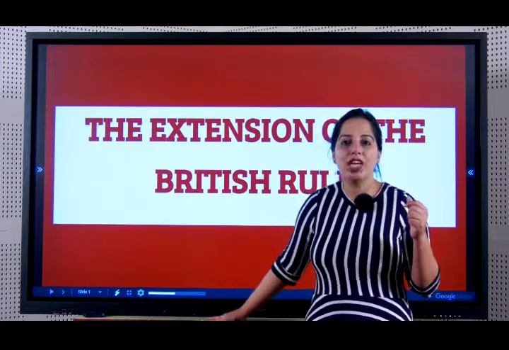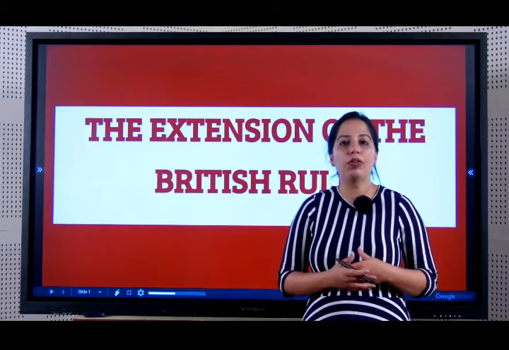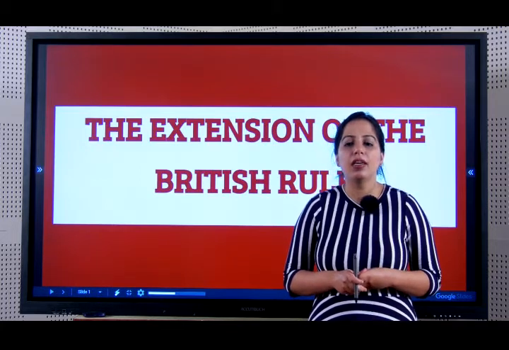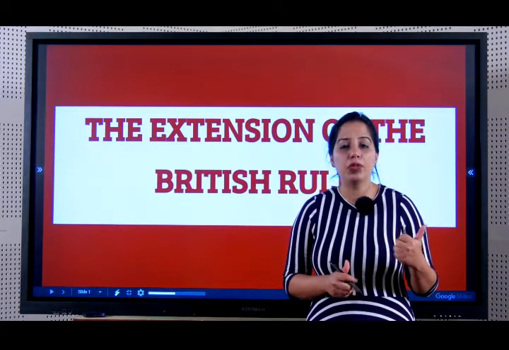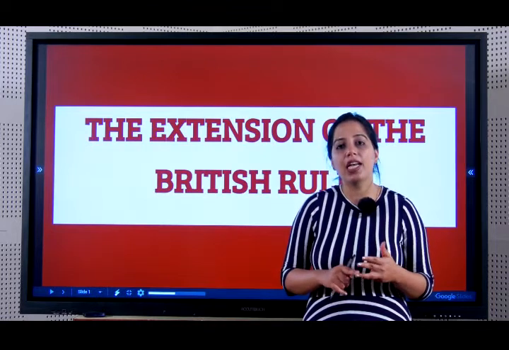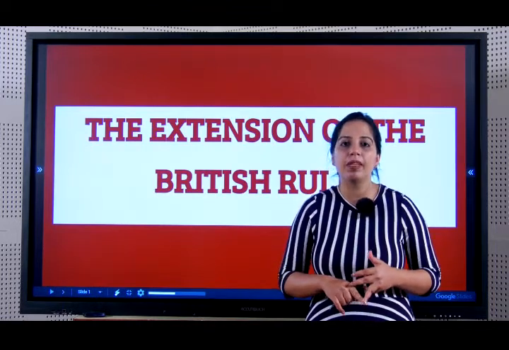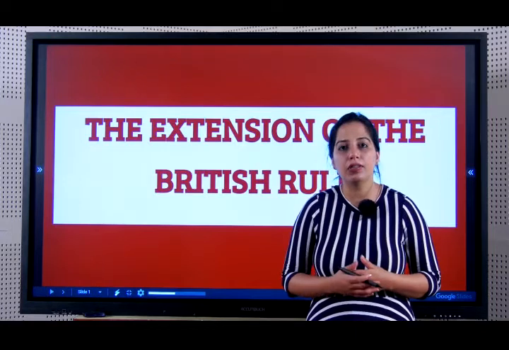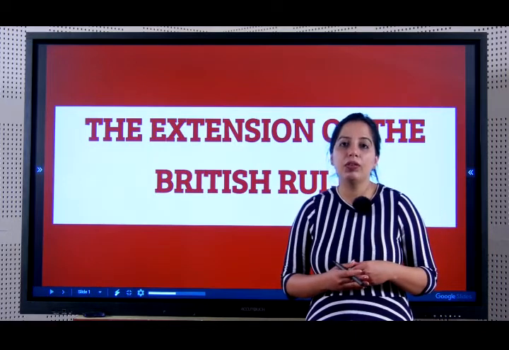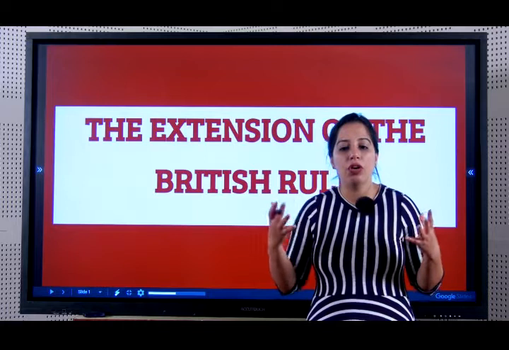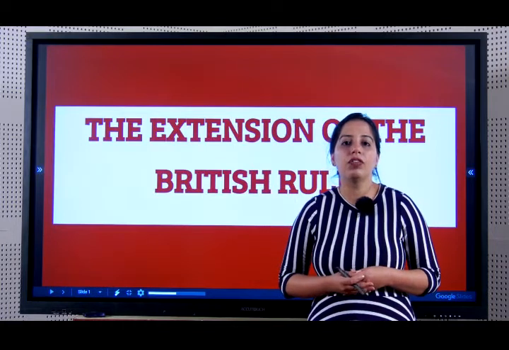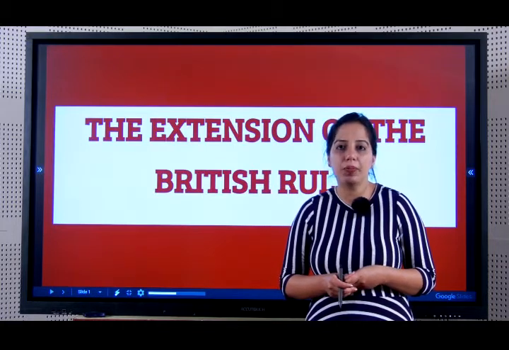So in the first chapter, the advent of Europeans to India, we studied how the Portuguese, Dutch, French and English came to India by discovering new sea routes. Then we studied how the French and the English fought in the land of India to establish their supremacy.